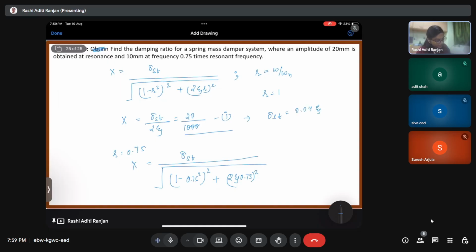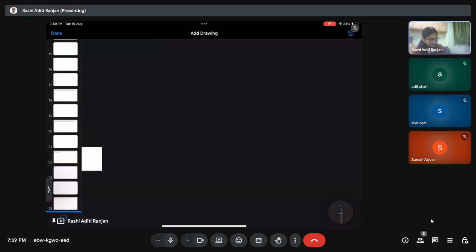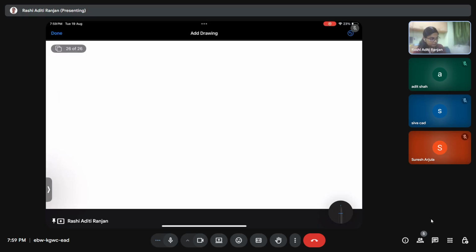So what do we have? This value we have as 10 mm. This is 10 divided by this. Now when we solve it, we get 0.01 divided by 0.04 eta. 0.01 was the value, and delta st was obtained as 0.04 eta. This was equal to 1 by under root of 0.1914 plus 2.25 eta square.